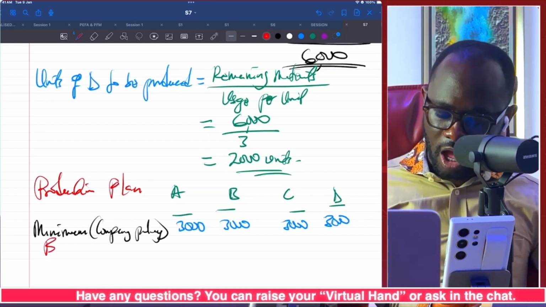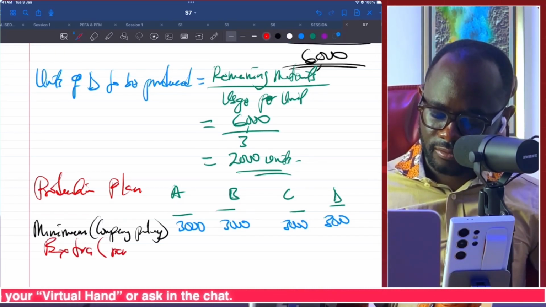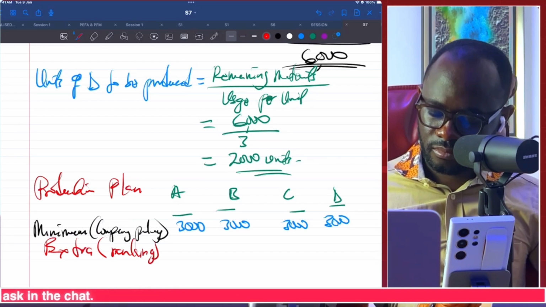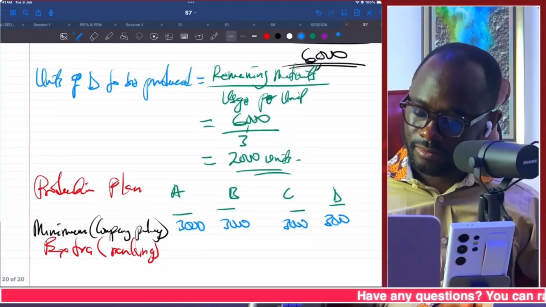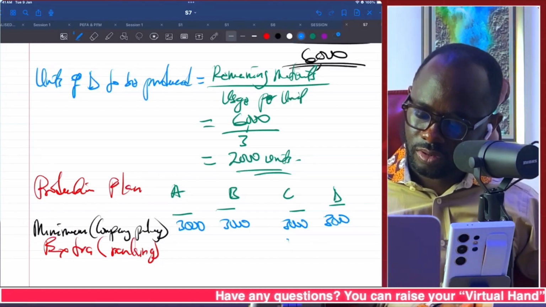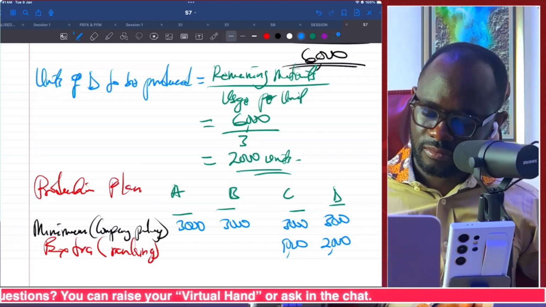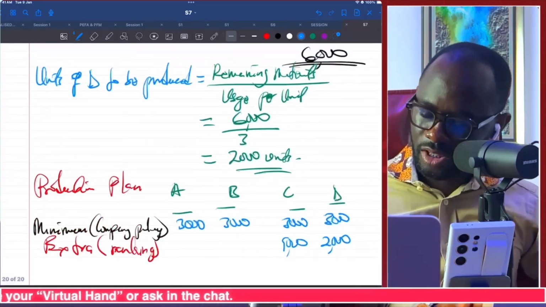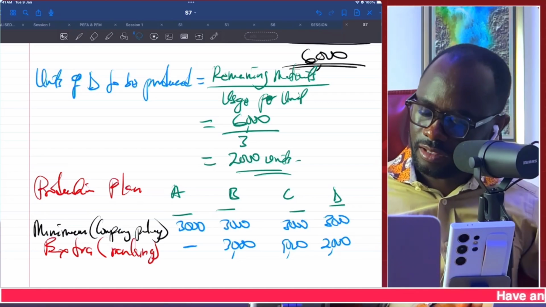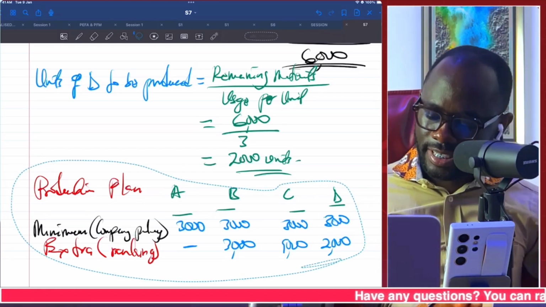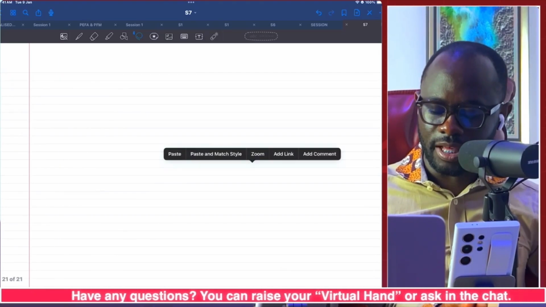Then the extra, which is based on the ranking we did, was C getting 9,000, D getting 2,000, and B getting 3,000. A didn't get any for the extra.